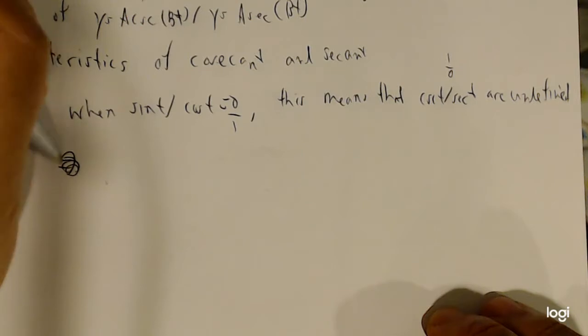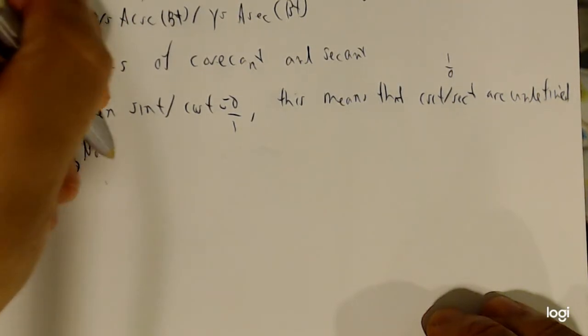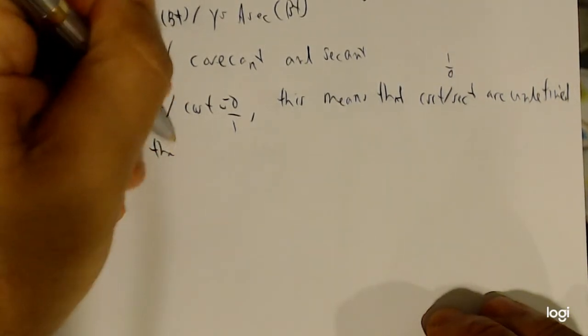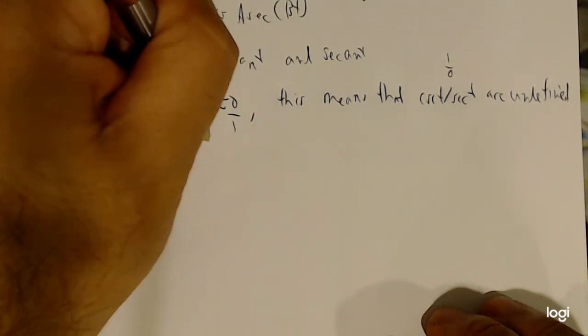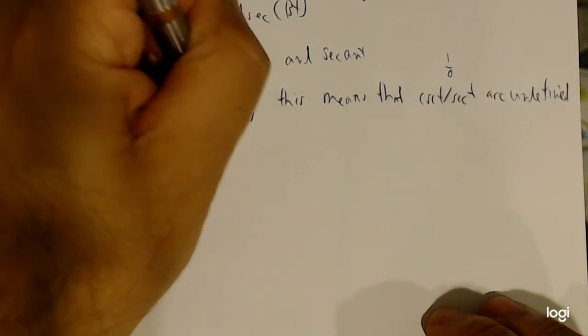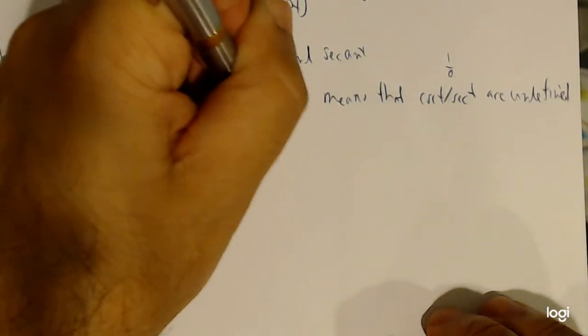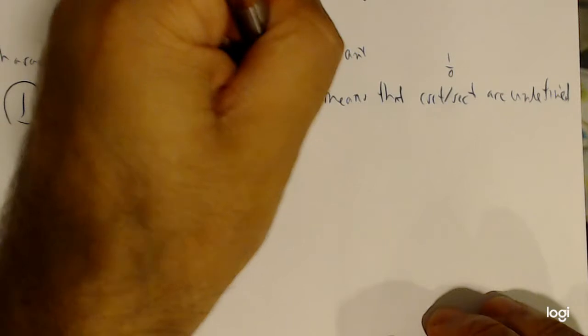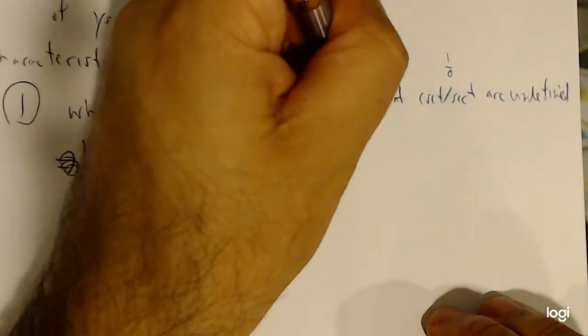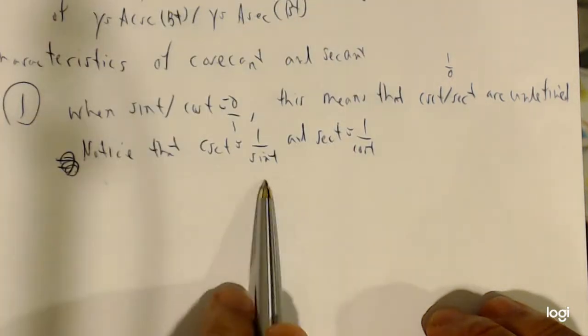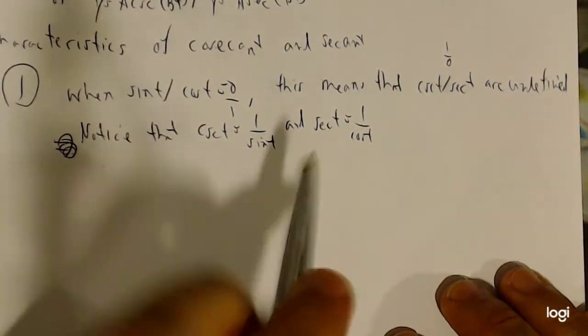So let's actually talk about this. Notice that cosecant of t is 1 over sine of t, and secant of t is 1 over cosine of t, right? These are the reciprocal identities we talked about earlier.